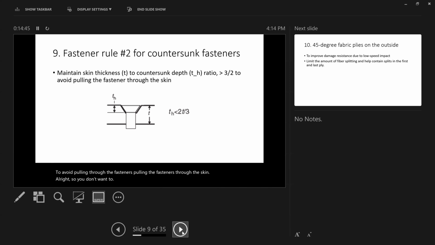You want the amount of material engaged in the countersunk part to be big enough, and the remaining thickness of the material without the countersunk feature thick enough to avoid this material being pulled through. This is fastener rule number 2.